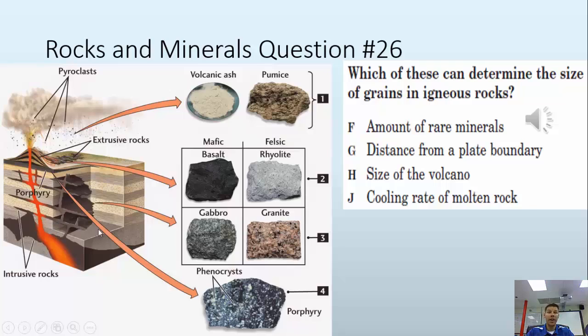Rocks that cool very, very slowly underground are called intrusive igneous rocks, such as gabbro and granite, and they have lots of grains and crystals. Rocks that form outside the Earth, extrusive igneous rocks, such as pumice and basalt, have a very minimal amount of grains or crystal development. So our answer here is J. The cooling rate of molten rock will determine the size of the grains or crystals in igneous rocks.